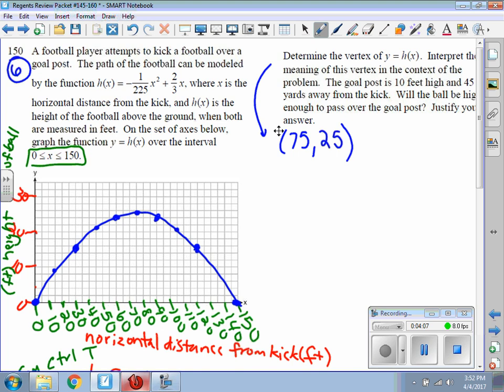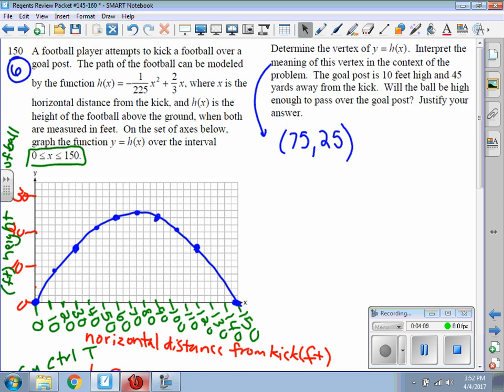Interpret the meaning of the vertex in the context of this problem. This doesn't mean that the graph goes up 25. It doesn't want to know that. It wants to know in this football problem, what does 75, 25 mean? The 75 is the x. X is horizontal distance from the kick. So once the ball has gone 75 feet, 25 is the height of the football. How high is the ball?